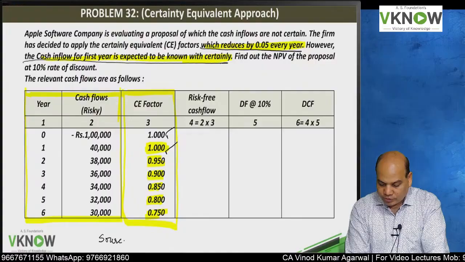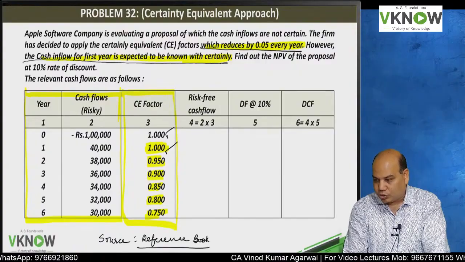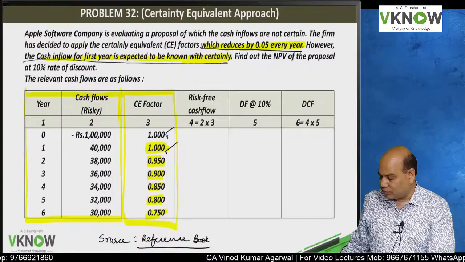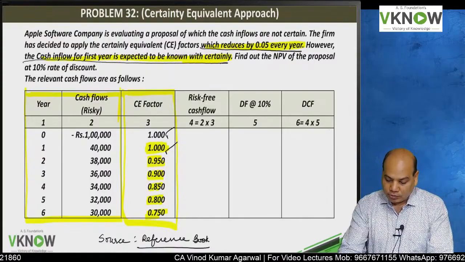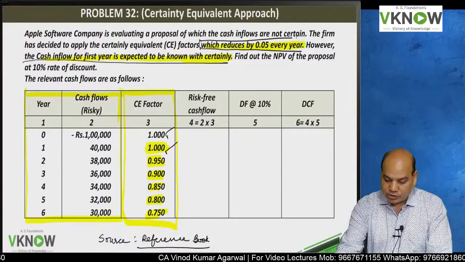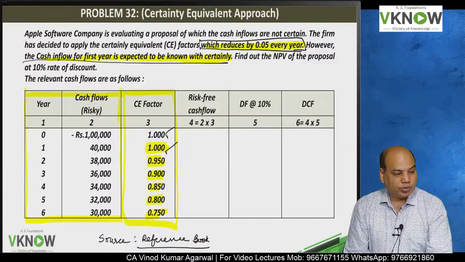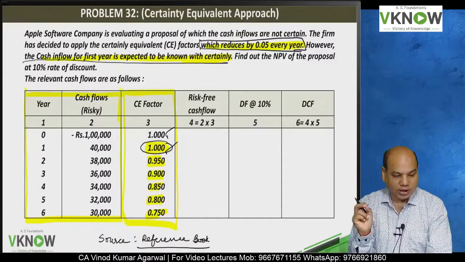Write down the source of this question: reference book, not any of the institute publications. We have to really work hard to find a variety of questions for you, because what is new in this question is this line, that CEC reduces by 0.05 every year, but the first year CEC will be 1 because it is certain cash flow.